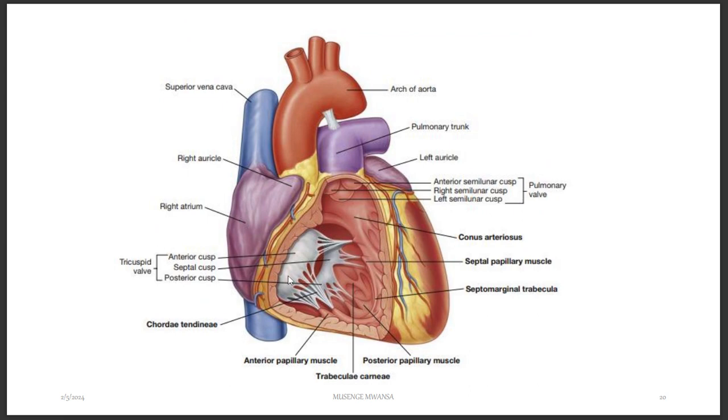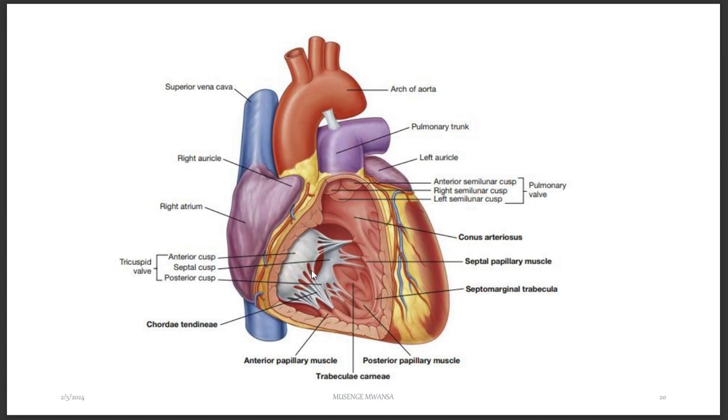You can see this is a valve, and in this case it's a tricuspid valve found between the right atrium and the right ventricle. You have the raisings, these guys. You have first the trabeculae carneae, which is the surface, and then you have these cusps which are held by chordae tendineae.